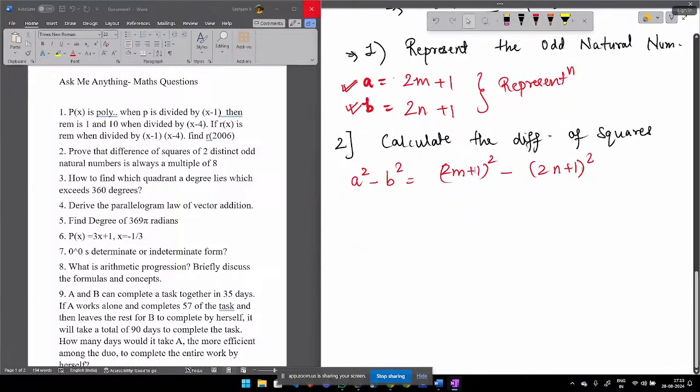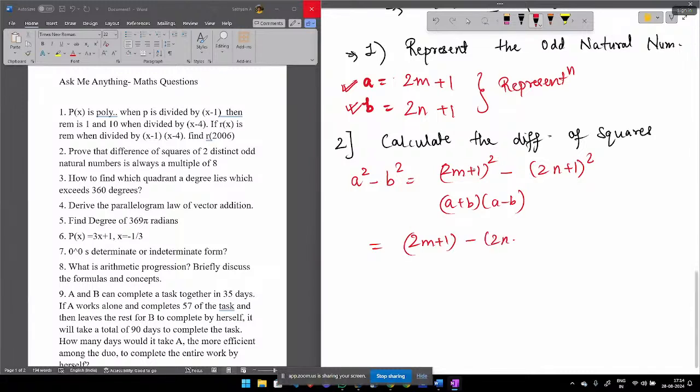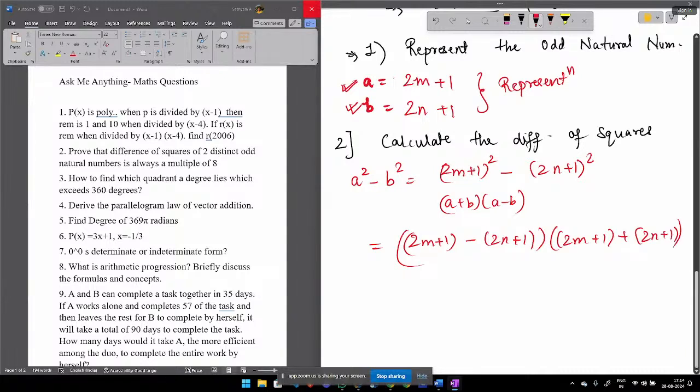So we'll just use the difference of squares formula. What is this? A square minus b square, which is a plus b into a minus b, right? A plus b into a minus b. So what will I get? I'll get 2m plus 1 minus 2n plus 1 into 2m plus 1 plus 2n plus 1 है ना.